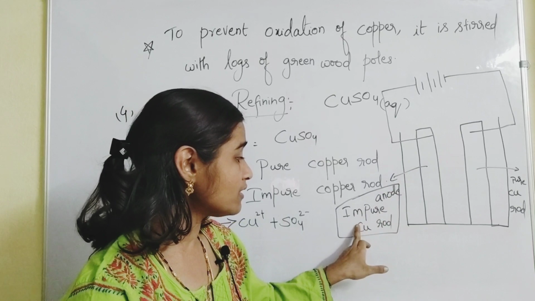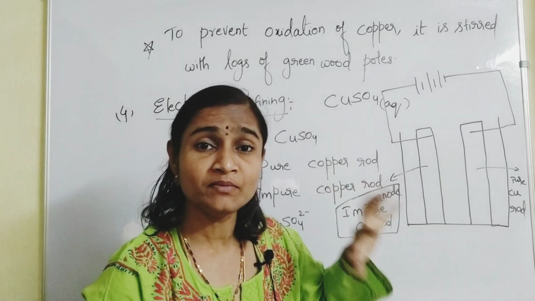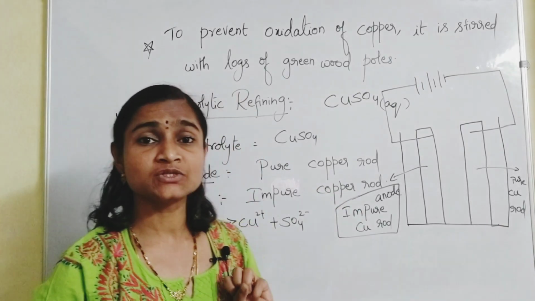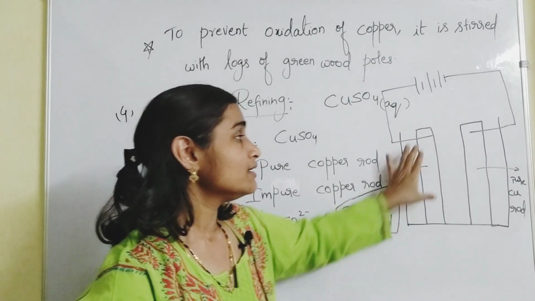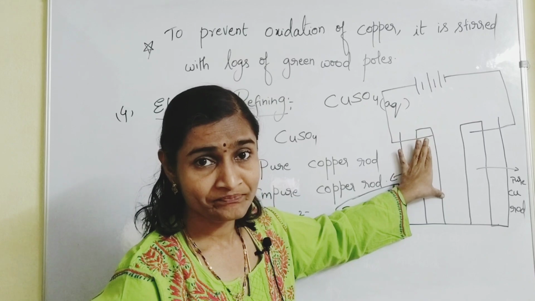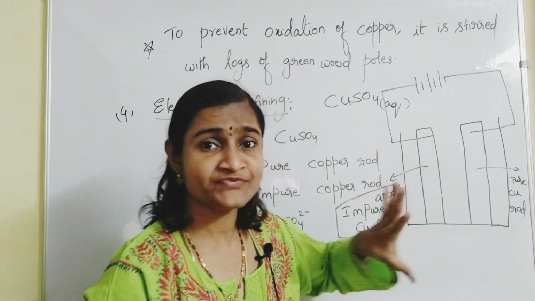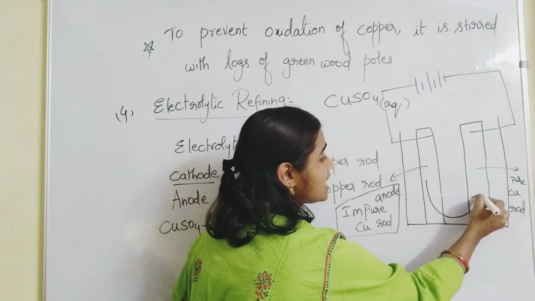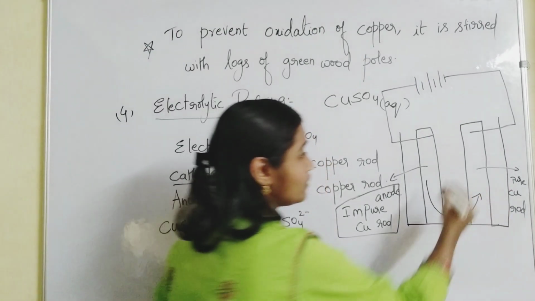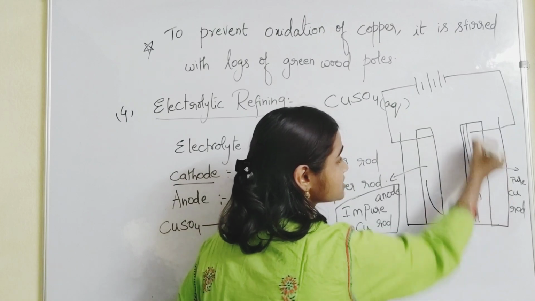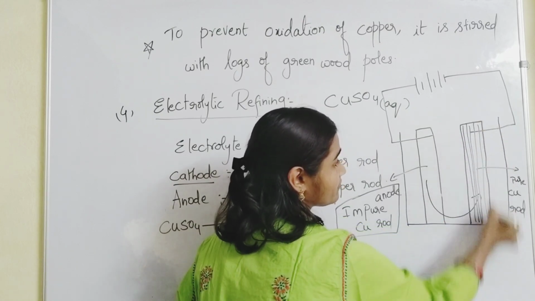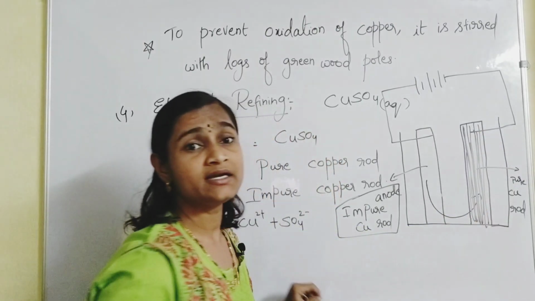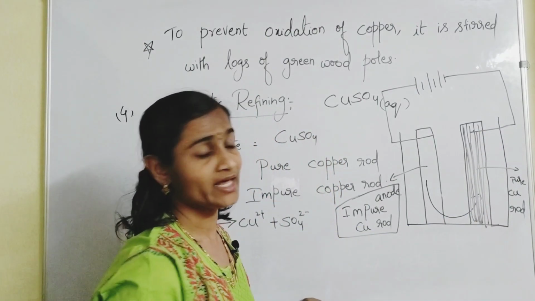Here, the impure rod consists of so many other impurities other than copper. When electricity is made to pass through it, copper melts from the anode, so that all the copper ions start migrating towards the cathode, and they get deposited on the cathode like this.